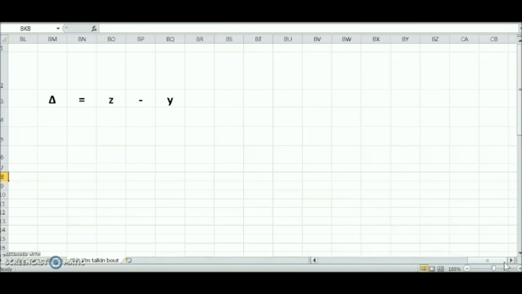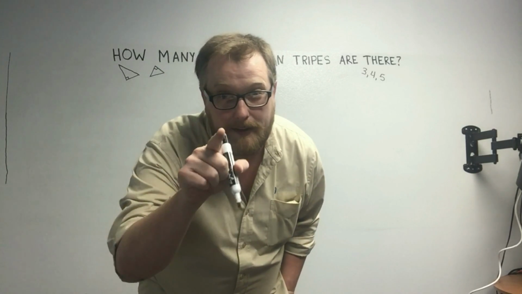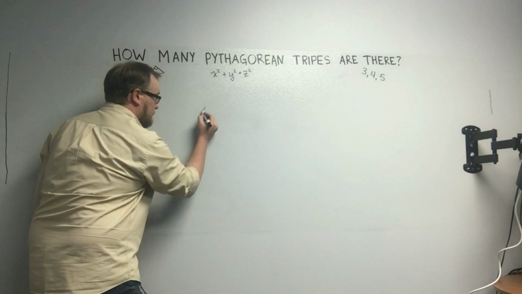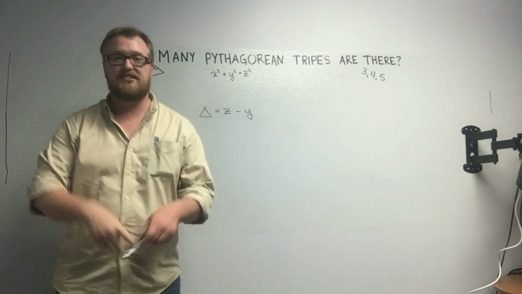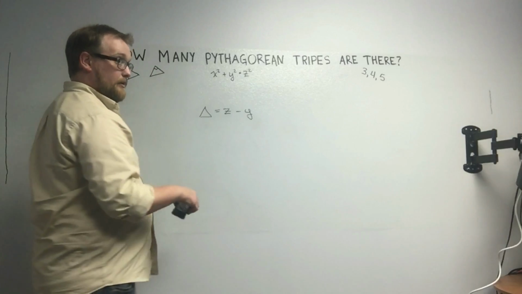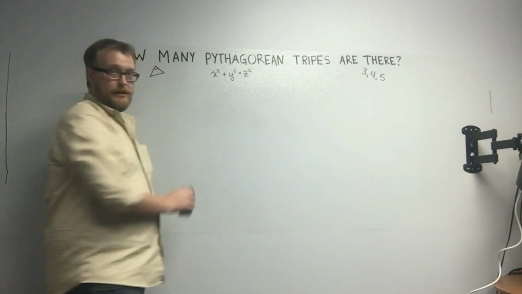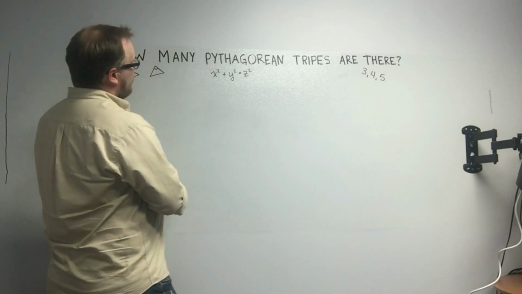However, I'm going to add this extra little bit. I'm going to be talking about the distance between z and y, delta in this case. And z is always going to be bigger than y, period, because z is the hypotenuse, and the hypotenuse is always bigger than either of the other two legs individually, but smaller than the other two legs combined.